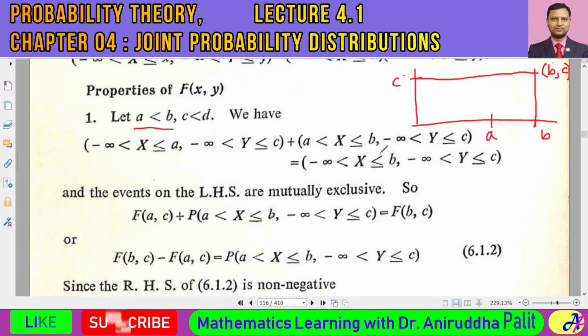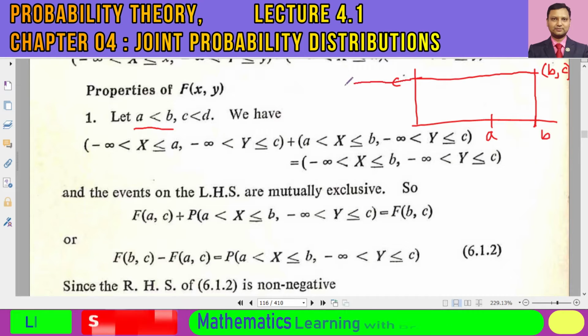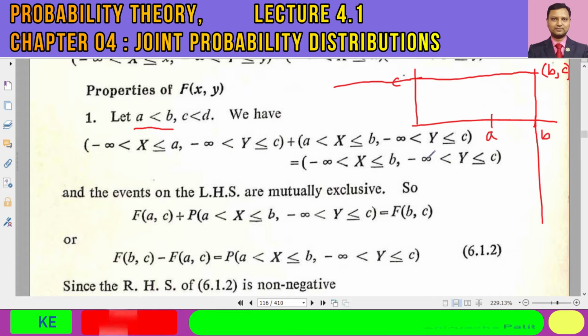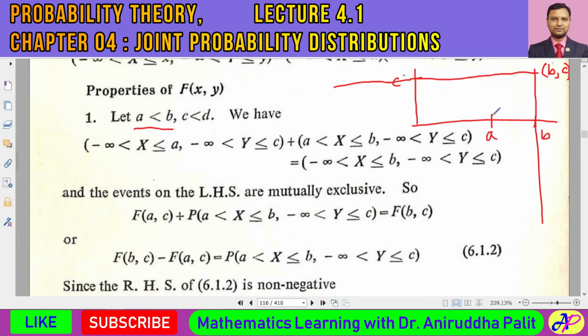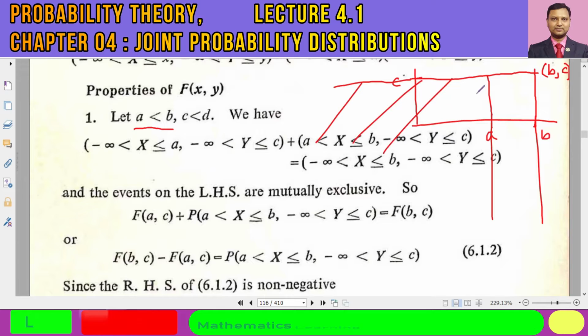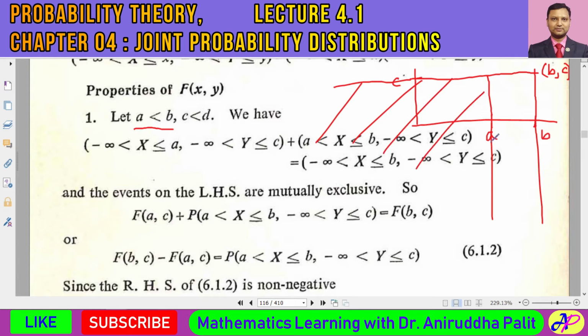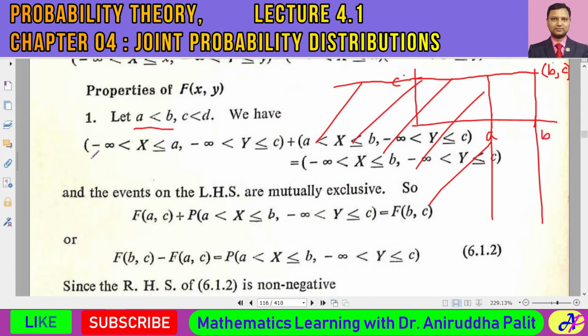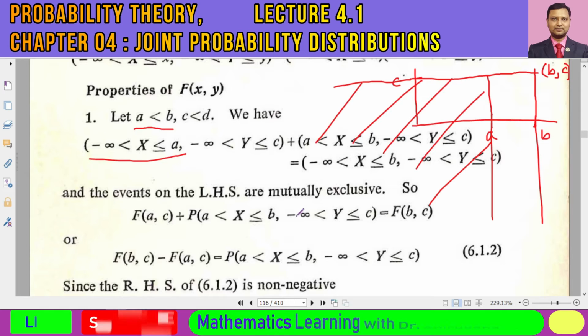So now you see this zone can be extended over here in this part and in this part. So this zone can be divided into two zones. This is one zone. And this zone can be written as minus infinity less than x less than or equal to a.